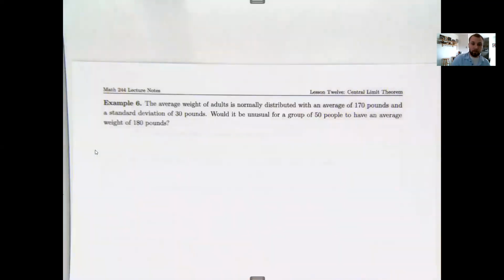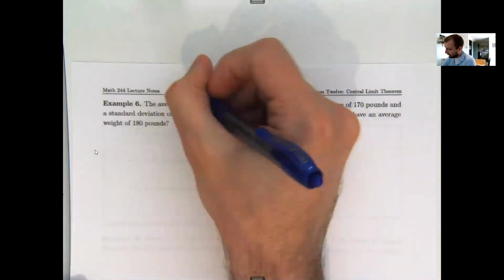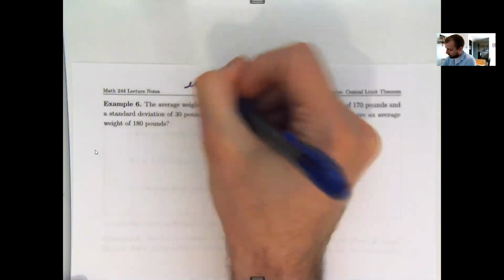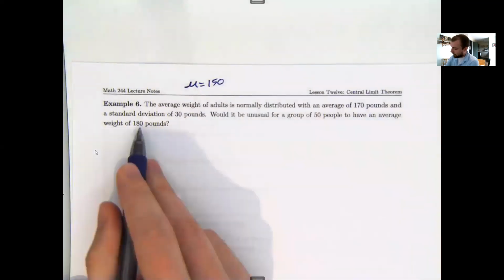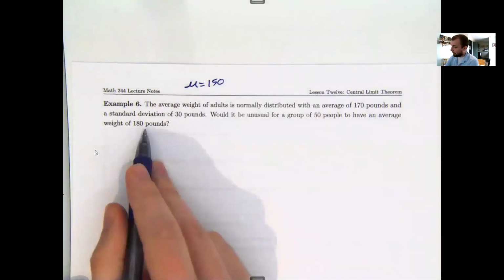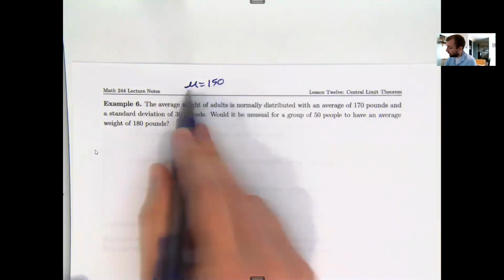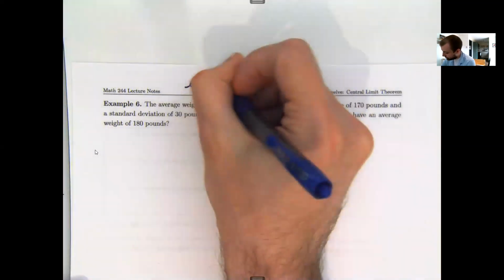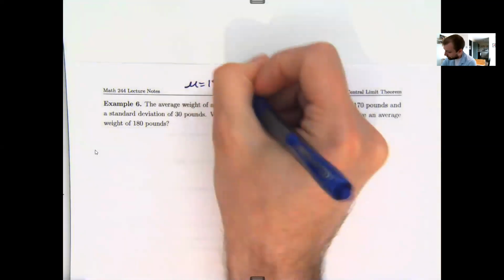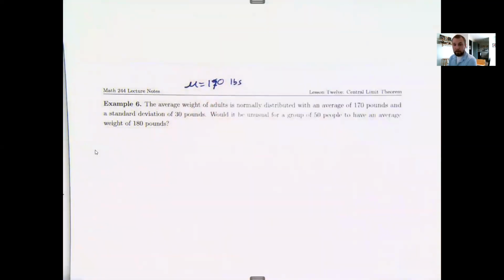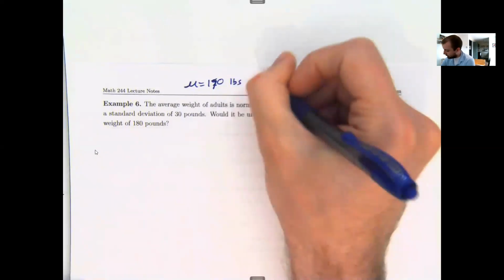Suppose that the average weight of adults is normally distributed with an average of 170 pounds. So my sample average that I'm going to be comparing is 180 pounds, my population average 170 pounds, with a standard deviation of 30 pounds.